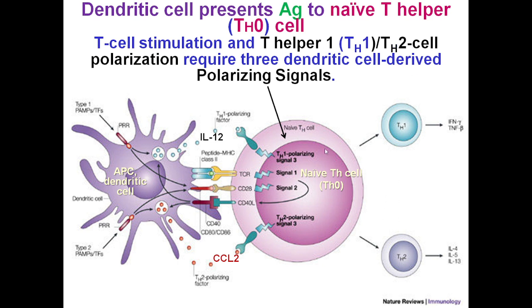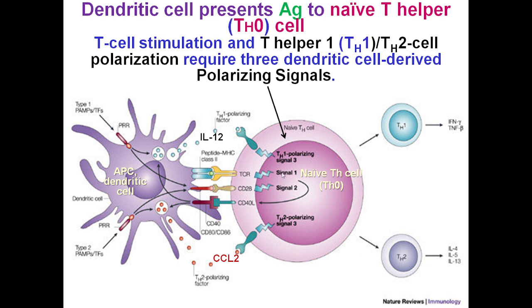It means a naive T helper cell may be polarized, it means matured, to different types of T helpers. In this figure you see polarization to T helper type 1, activating cellular immune response by synthesis of interferon gamma and tumor necrosis factor beta. And this naive helper may be polarized to helper type 2, producing interleukin 4, 5, 13, and interleukin 10.